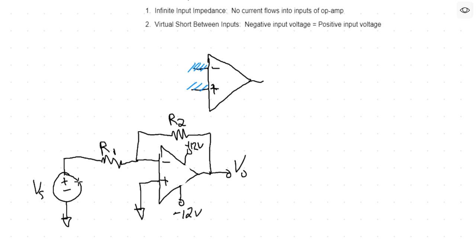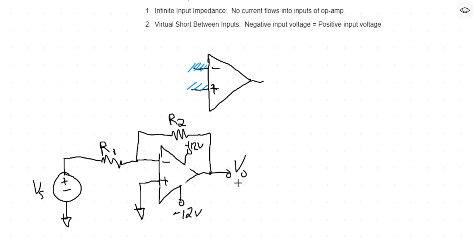Let's say this whole stage has a gain of 10, and VS comes in at 5 volts. So 5 volts would come in and go through the circuit.